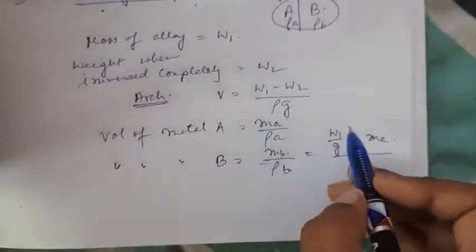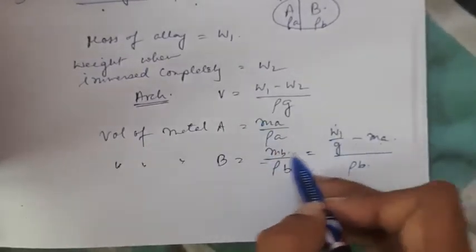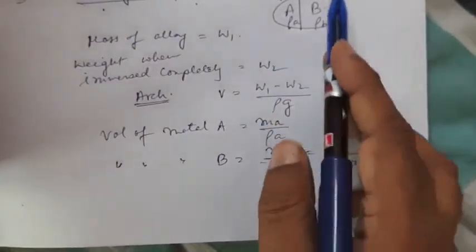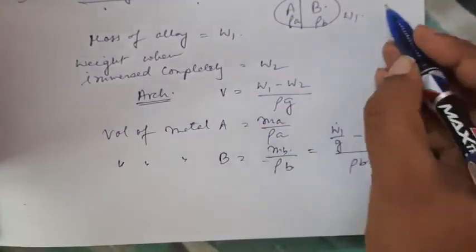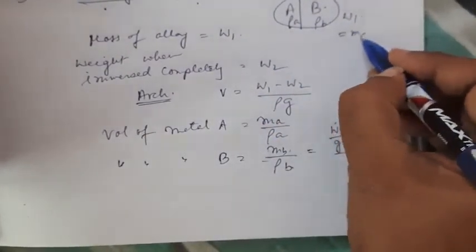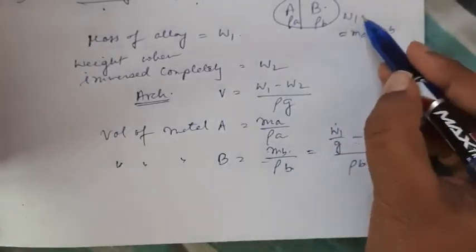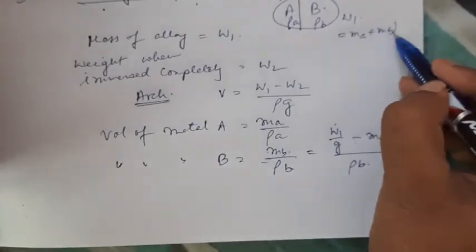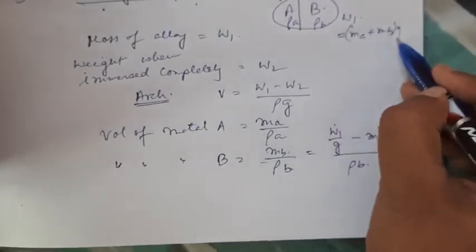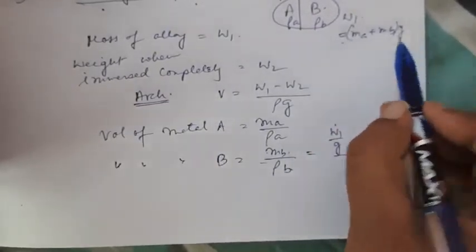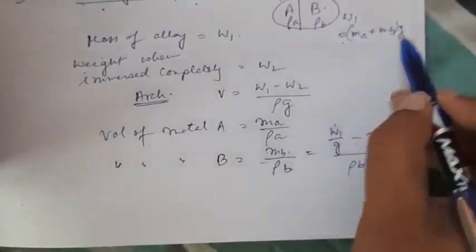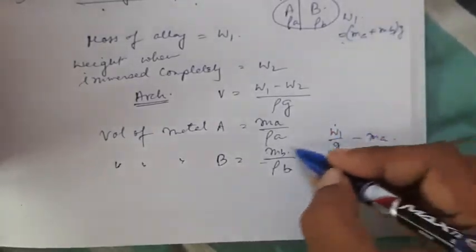Now why did I write W1 by G minus Ma? This was Mb, since the total weight was W1. So W1 was equal to Ma plus Mb, that is, (Ma plus Mb) times G. So W1 by G minus Ma gives the value of Mb.